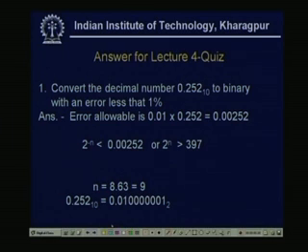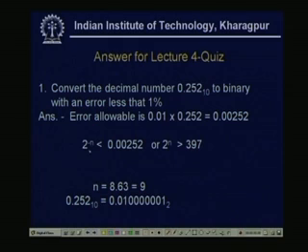Now, the truncation error: when we convert the decimal number to binary, up to what digit will we convert it? If it is up to n bits after the decimal point, then we know the error is 2 to the power minus n. Last lecture we discussed that. So, this error should be less than this 1% error, meaning 0.00252.